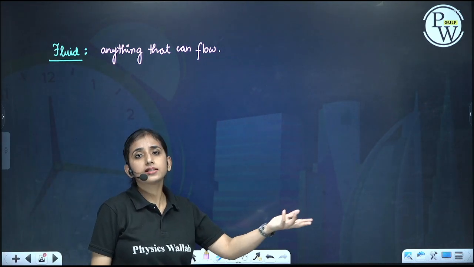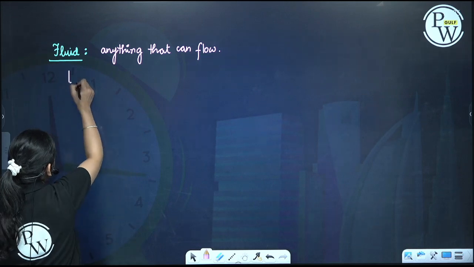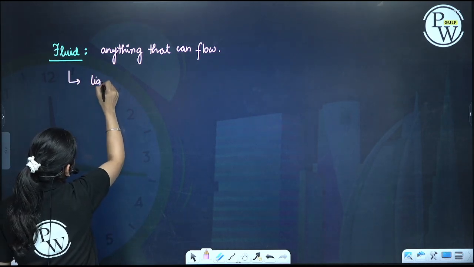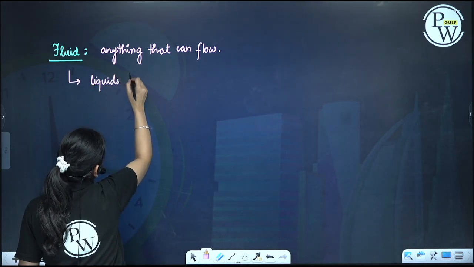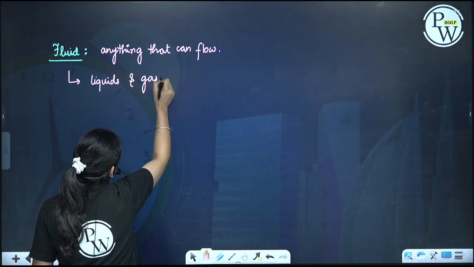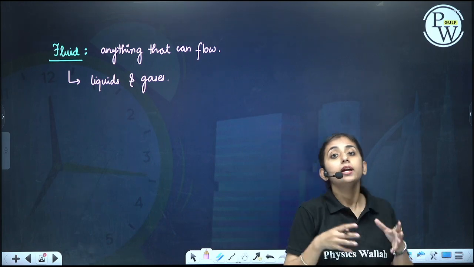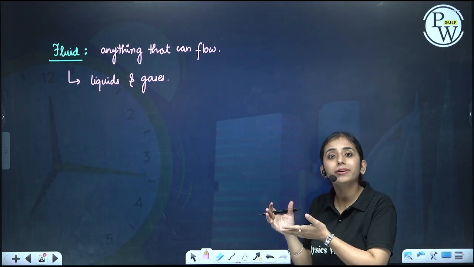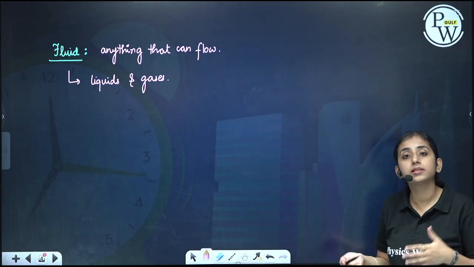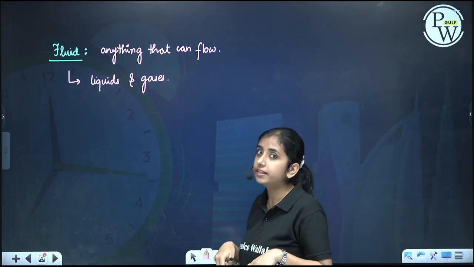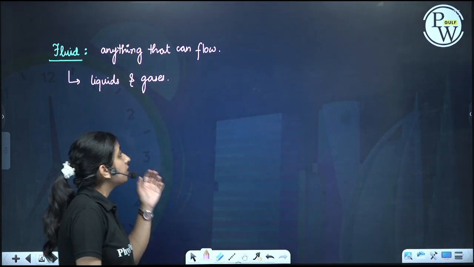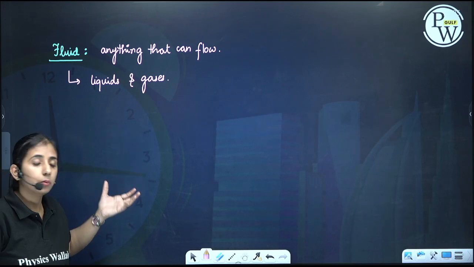Liquids and gases are considered fluids, since both can flow. In this particular chapter, we will be talking about liquids only. We will talk about gases in the chapters thermodynamics and kinetic theory of gases. So for now we'll be considering liquids.